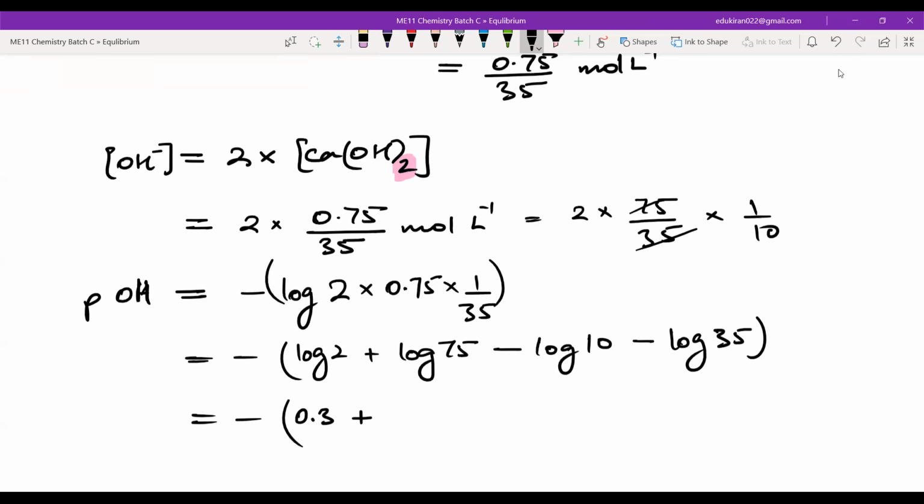So 5 sevens are 35, right? So I can write this as 15 and 35 as 7. Now you can solve this. This will be log 5 and 3 fives are 15, right?